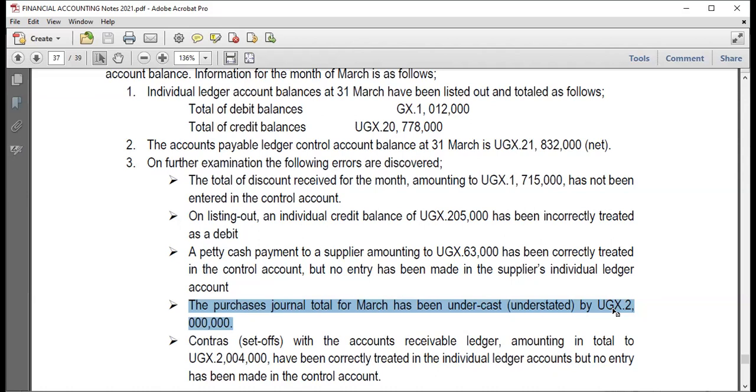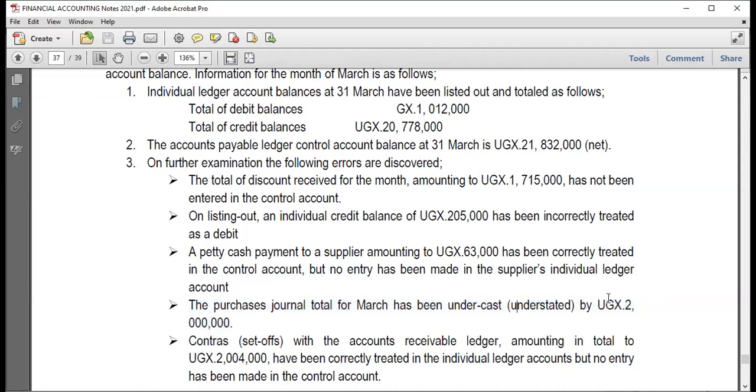And the effect arises because a purchases journal records purchases on credit. If they were understated, it means that even in our control account, the value we have on the credit side is understated by 2 million.